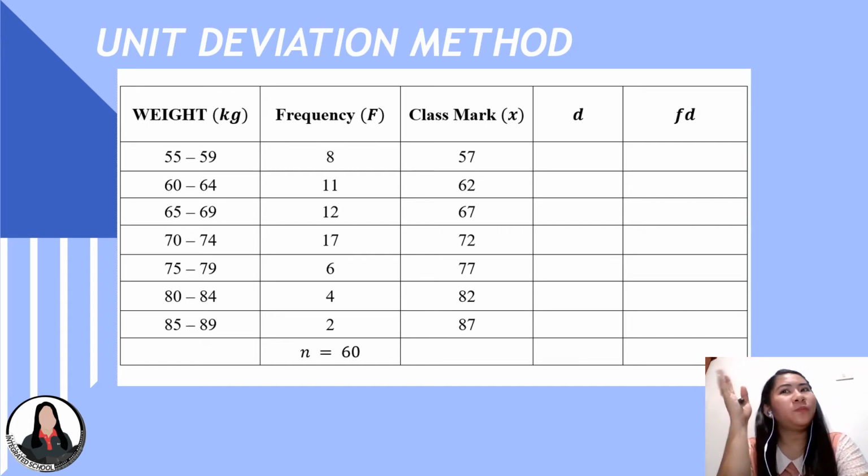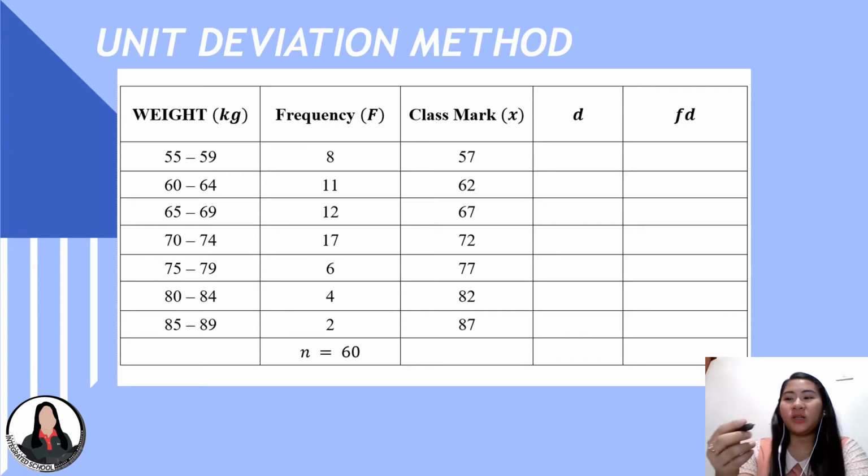Rough estimation lamang, more likely, dun sa pang-30th na value makukuha yung ating average. Kapag pinag-add natin ng 8, 11, at 12, magiging 31 yan, which is pinakamalapit dun sa 30.